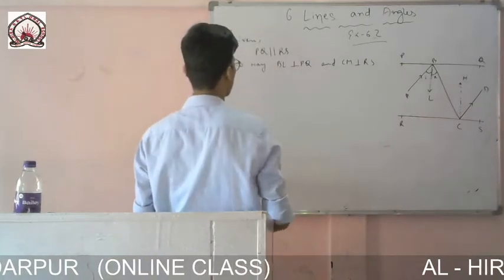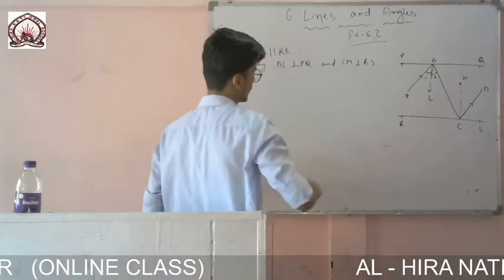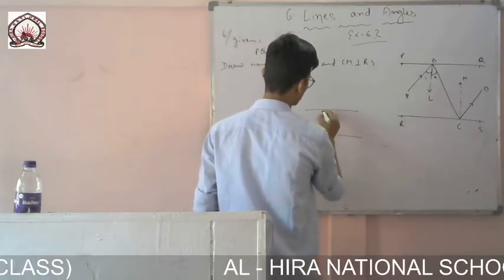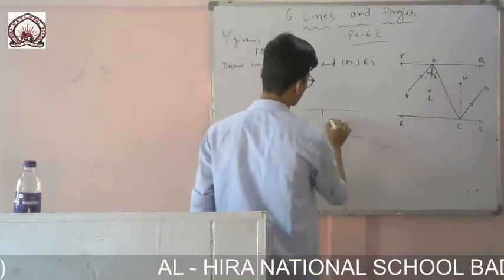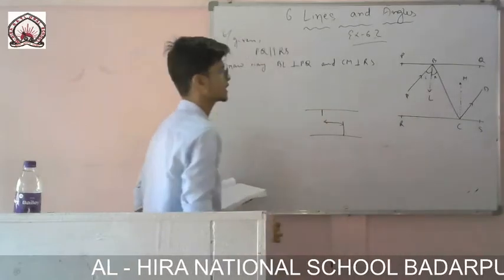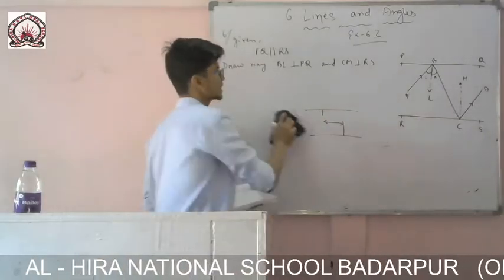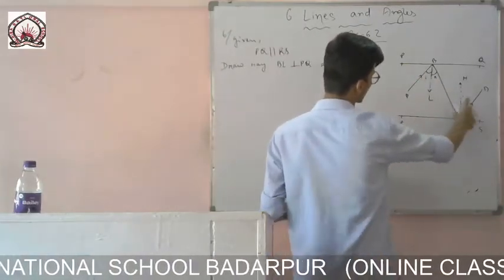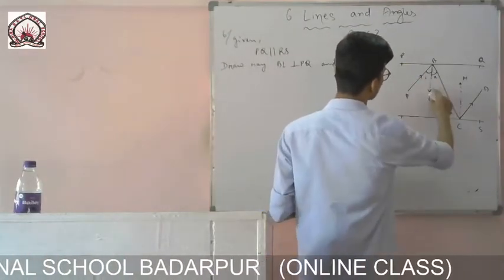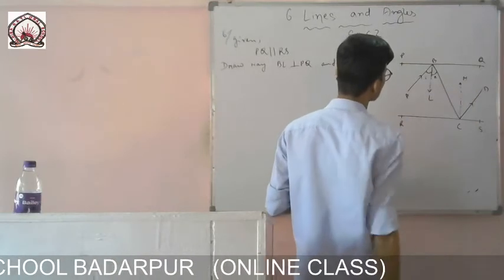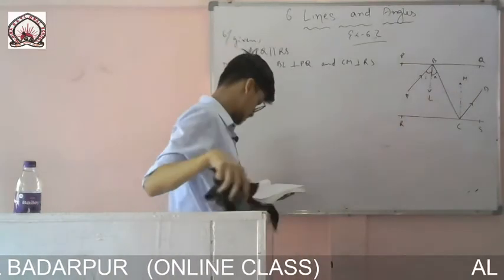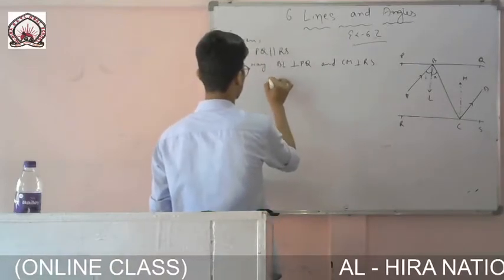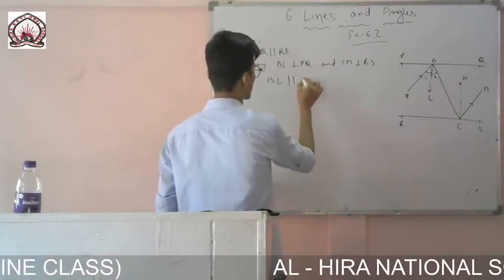What I said earlier: if I draw two perpendiculars on parallel lines, then they are also parallel to each other. So if BL is perpendicular to this one and CM is perpendicular to that one, then BL will be parallel to CM. So I can write, therefore BL is parallel to CM.